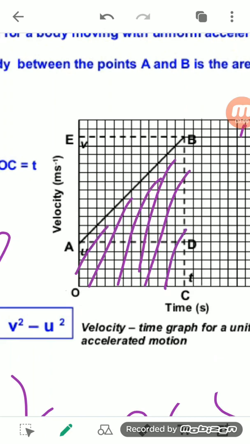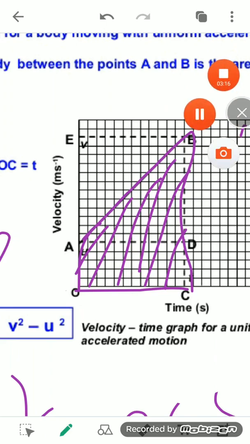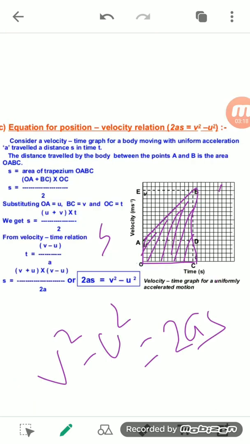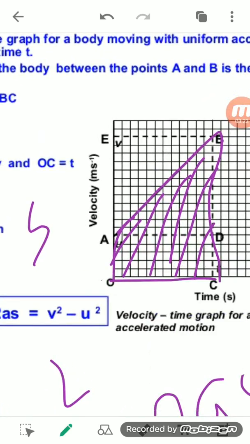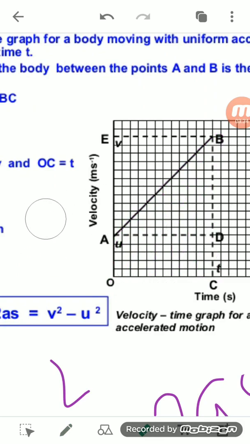That area is OABC, and it helps in calculating the distance. This is the area of a trapezium. So we discussed that the distance is measured with the help of this trapezium. If we are able to calculate the area of the trapezium, we are able to find the distance traveled by it.